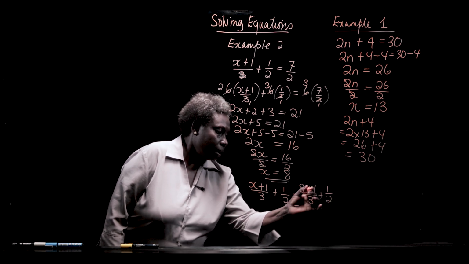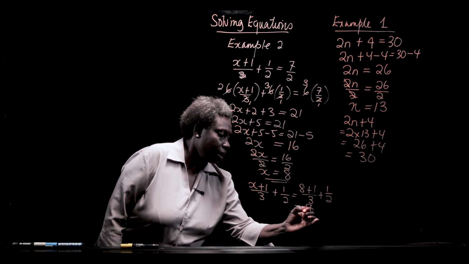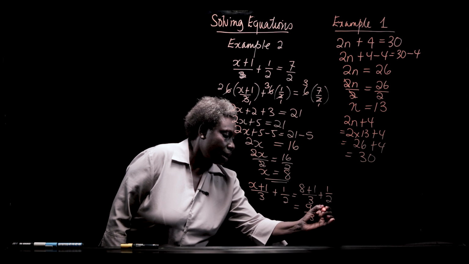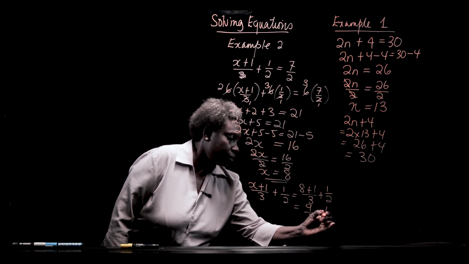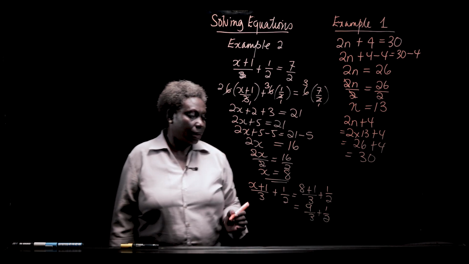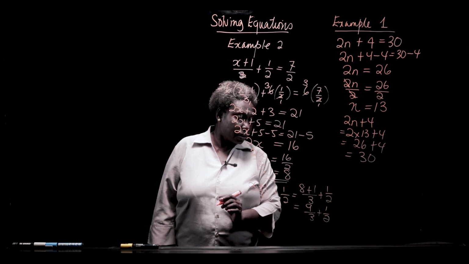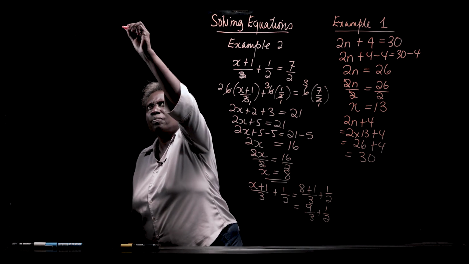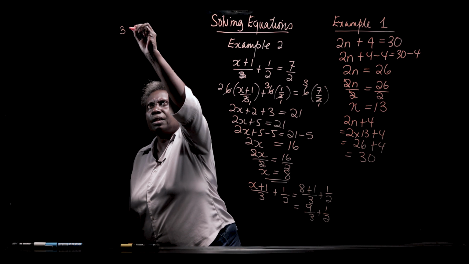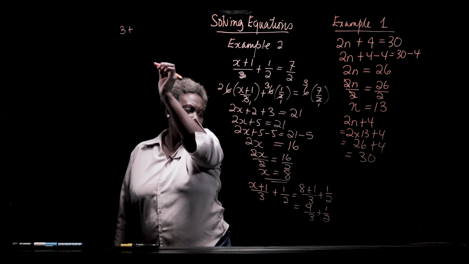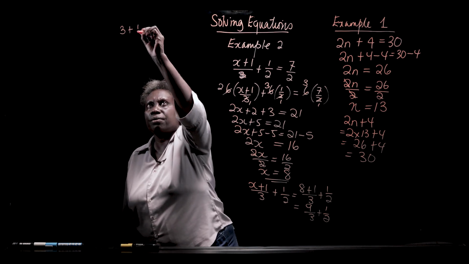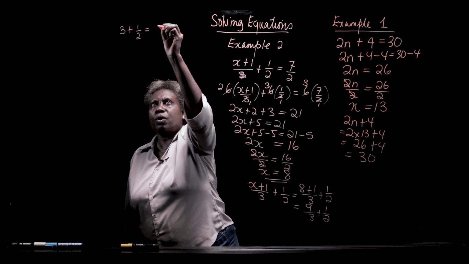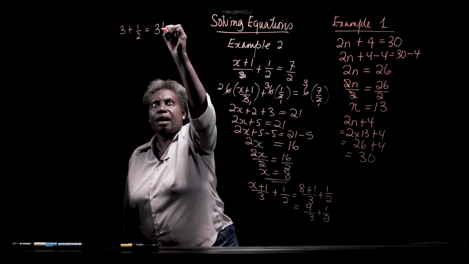Okay, that is 9 over 3 plus half, which now gives us 9 over 3 is 3, so that's going to be 3 plus half, which is equal to 3.5.